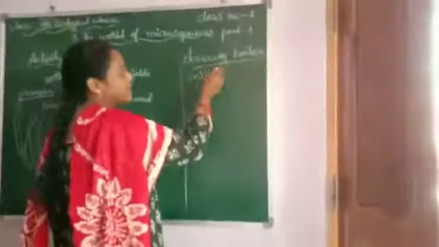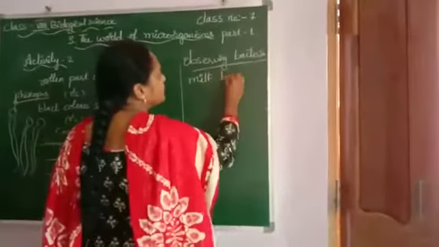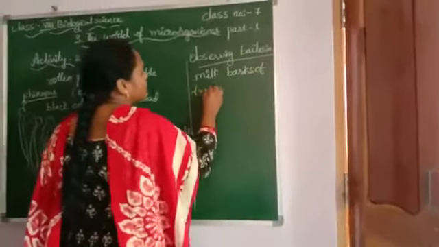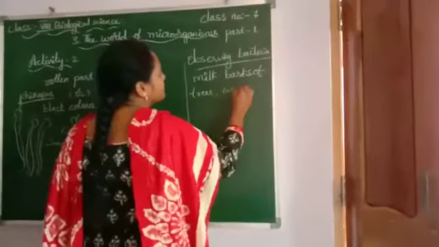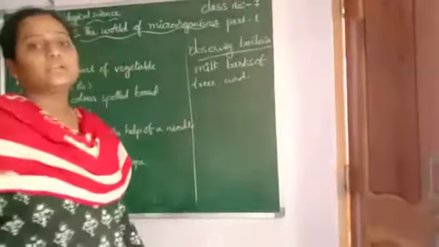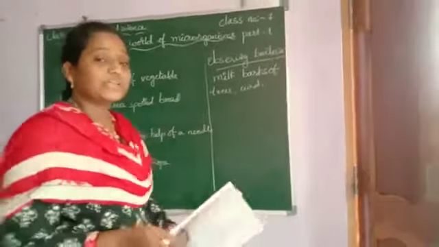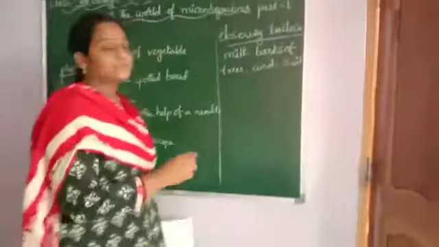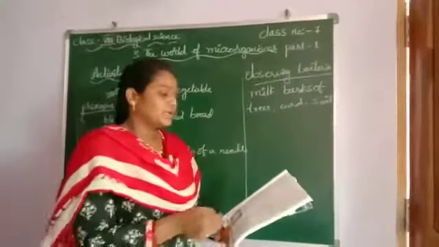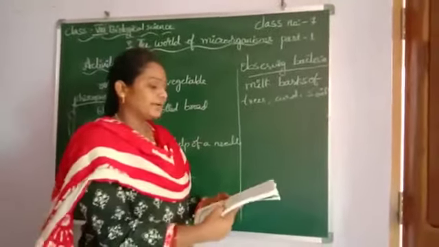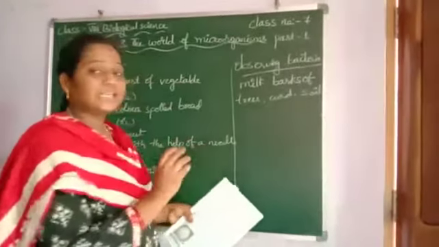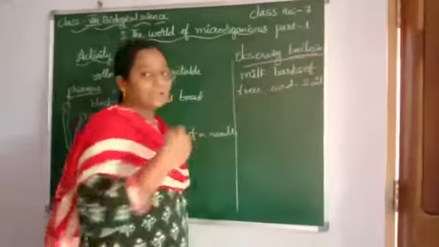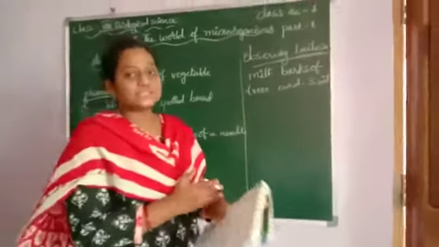We can observe the same bacteria in barks of trees, curd, some rotten vegetables, and in the soil also. You can also find them over our skin and in our armpits.